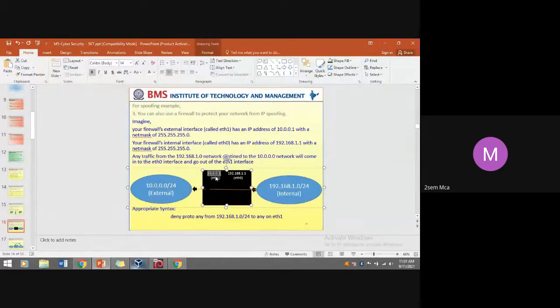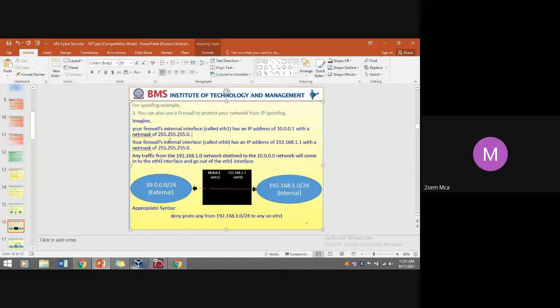This is ETH1, the external interface of your firewall. Think of this black box as the firewall. This is the external network and this is the internal network. The firewall has an external IP address of 10.0.0.1 with a net mask of 255.255.255.0.